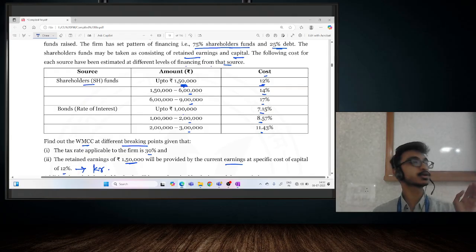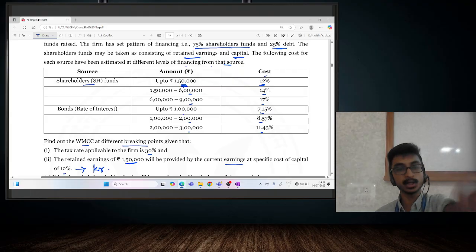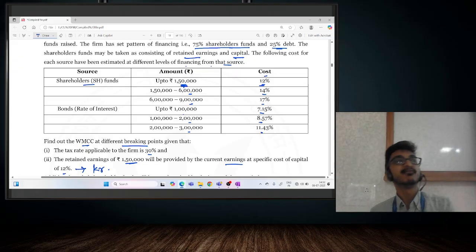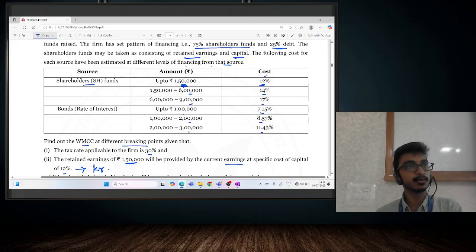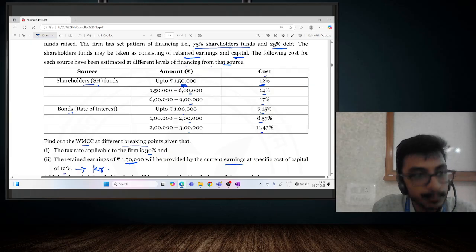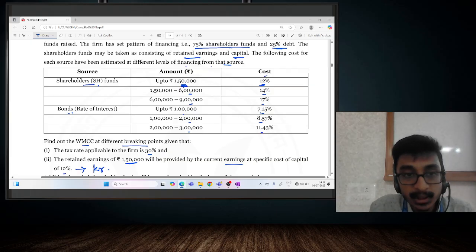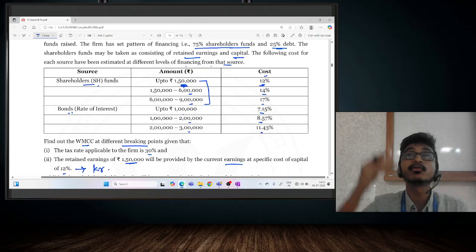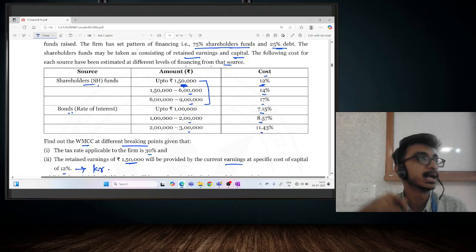So now in this question, how many sources of finance we have? Two sources. One is shareholders fund and bonds or debt. Right? So we have to calculate breaking points for each source of finance. We have to calculate breaking points for shareholders fund as well as for the bonds, right? And within shareholders fund we have different level of limits, right? So for each level of limit we have different breaking points.